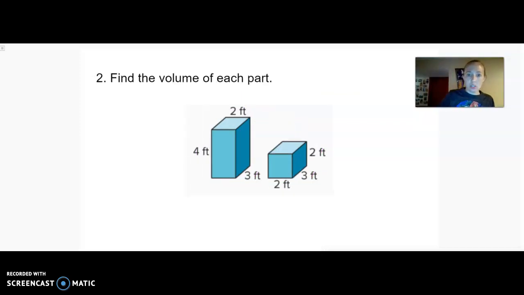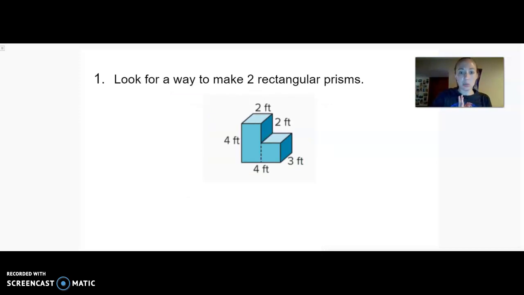Now, next step is find the volume of each part. Oh look, now we have a rectangular prism. Now the thing is, sometimes when you're looking at one, it won't have all the dimensions listed right next to it, so you'll have to look at a different part. For example, this one here.